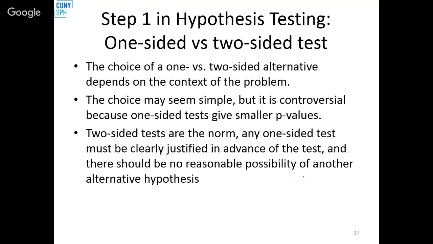So if it's the same, that's okay. If it's more effective, that's okay. But you only want to reject your null hypothesis if it's less effective than the standard brand name drug. That can be a justification for a one-sided test, because it's also then more sensitive to picking up an inferior generic alternative.